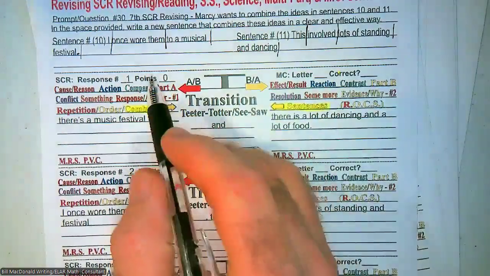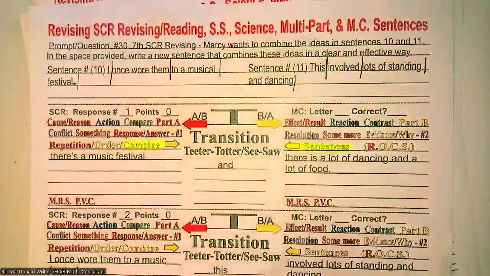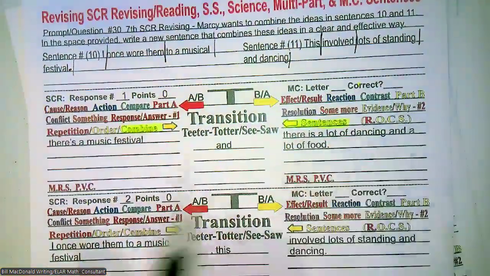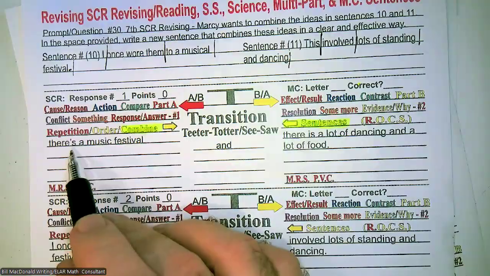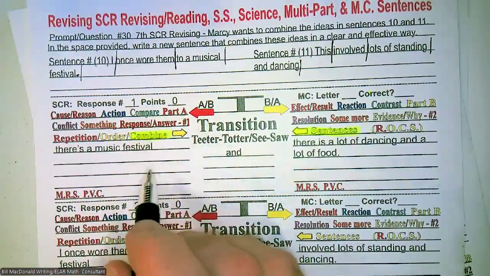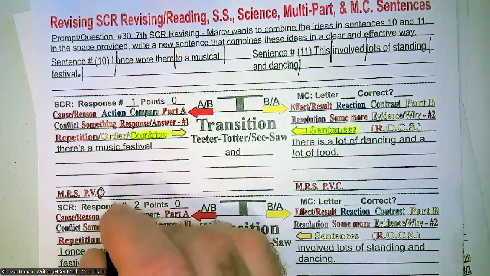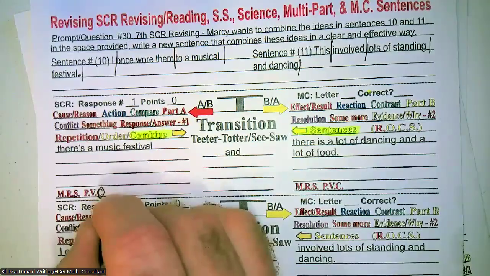Let's find out why the first response got a 0. All right. It said there, apostrophe S, a music festival. Well, this one is missing some content. The content is missing.